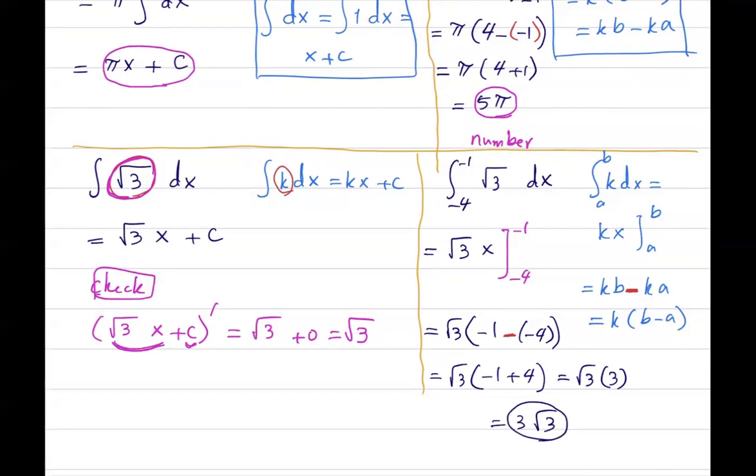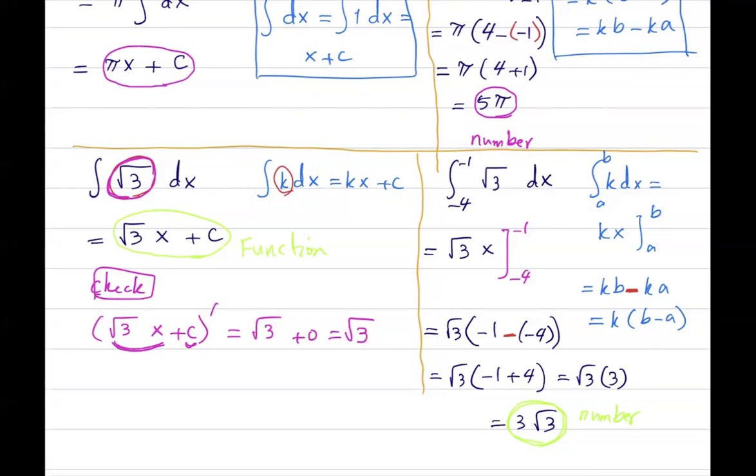Note the difference between the final answers here and here. The final answer, as you see on the left-hand side, is a function in x, but the final answer on the right-hand side is just a number. That's the main difference between taking the integral of a coefficient or a number and taking the integral of a variable.